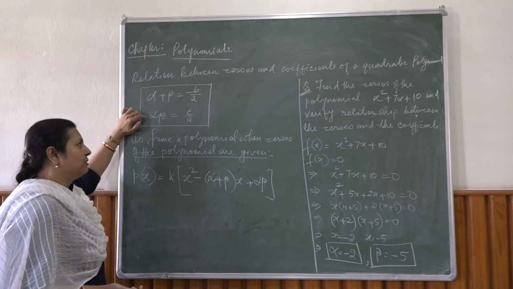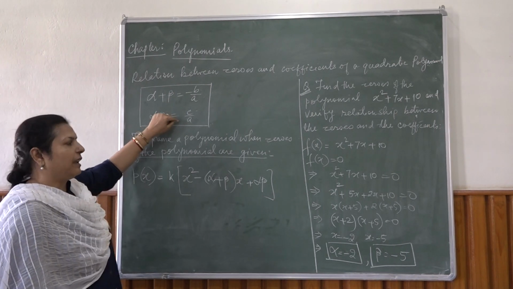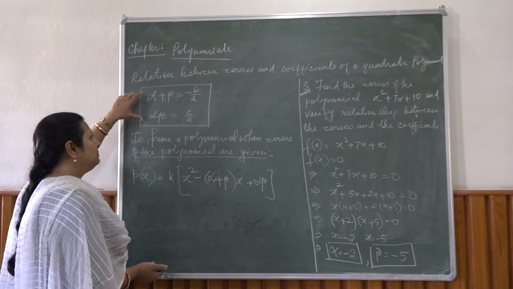And the product of zeros, alpha beta, was equal to c, the constant term, by a, the coefficient of x square.